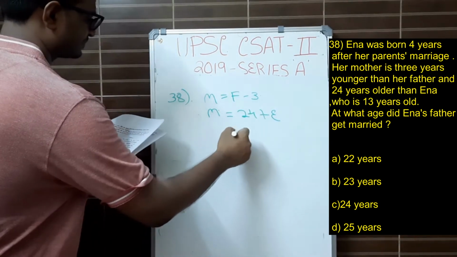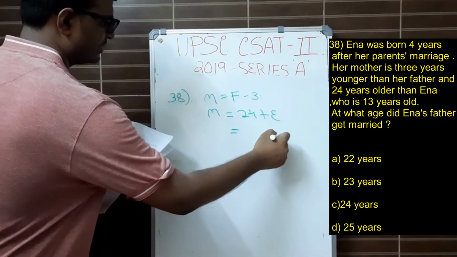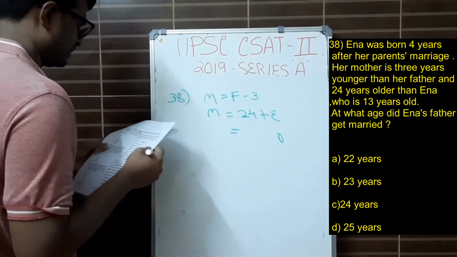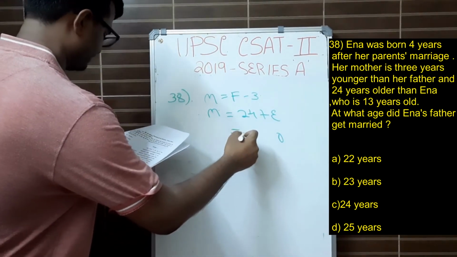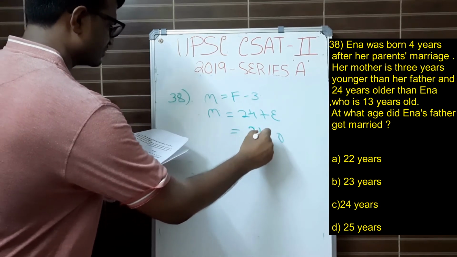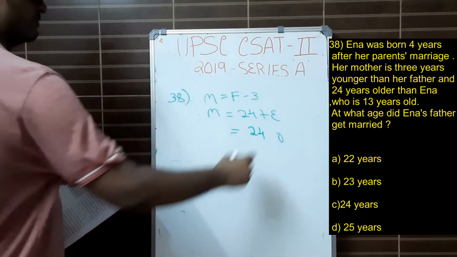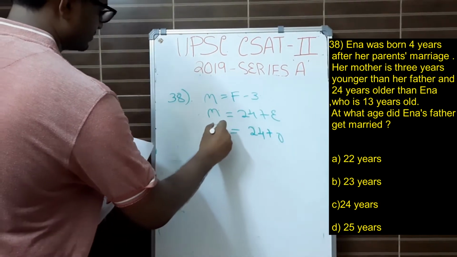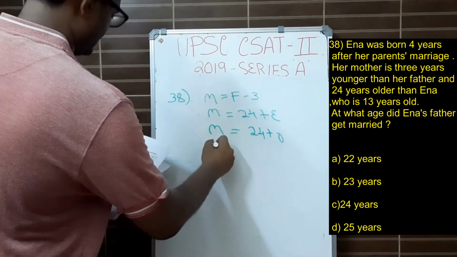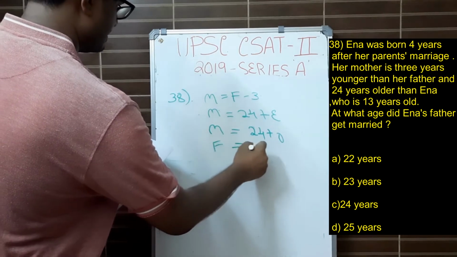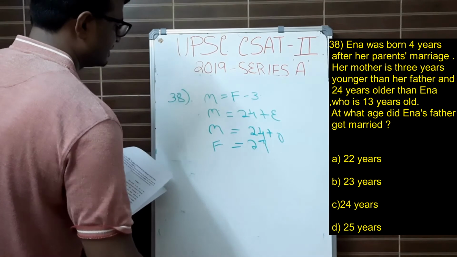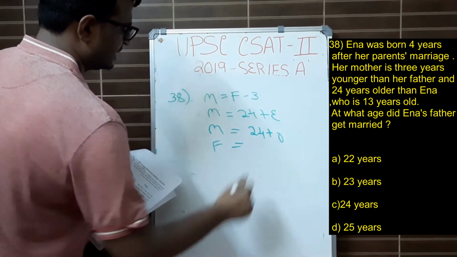That means when Anna was born, her mother was just 24 years old. When Anna was born, obviously her age is 0. So her mother was 24 years old, and her father was 27 years old because her mother is 3 years younger than her father.